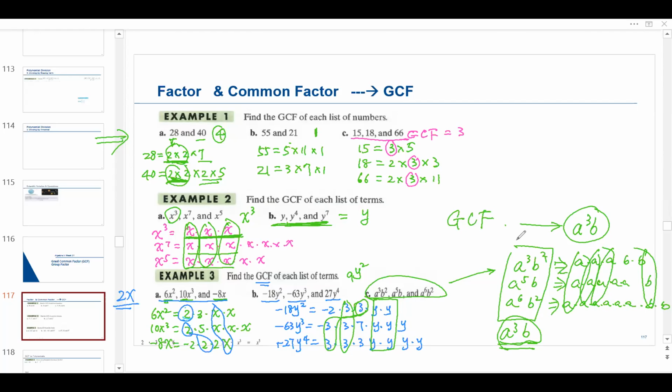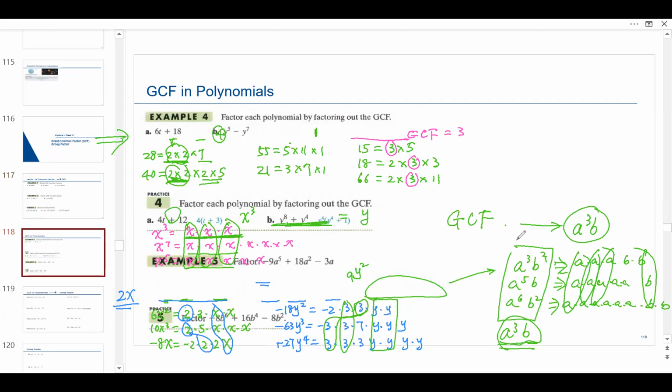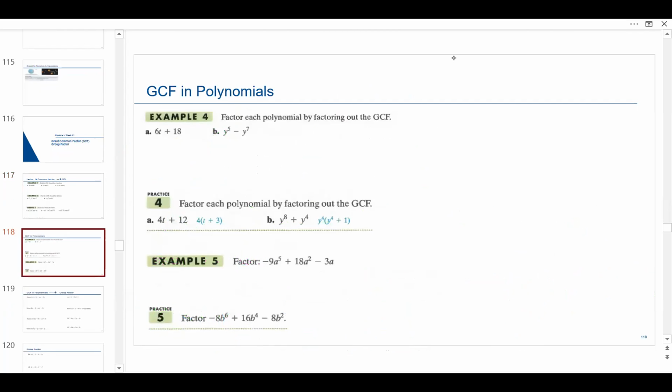So why do we need a greatest common factor? We need to factor. Why do we need to factor? Because we try to simplify the expression, just like when we do division. Actually, it is somewhat finding their greatest common factor, but in a different way. So that's why we try to make the expression easy to understand and describe, right?